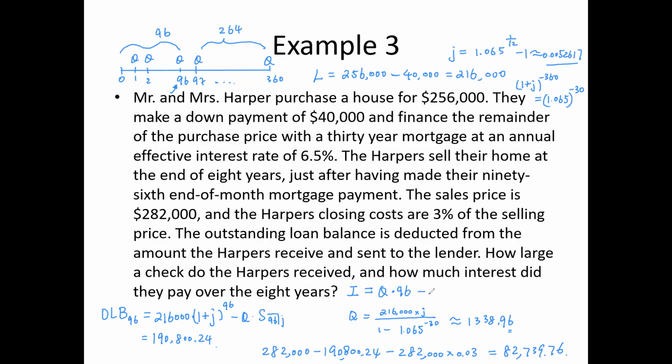And then you're going to subtract the principal paid. How to get the principal paid? That would be the money Harper's borrowed from the bank, minus the balance at the end of the eighth year. Okay, so that's the interest.